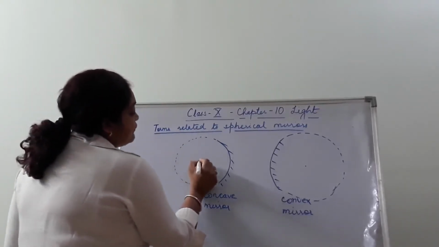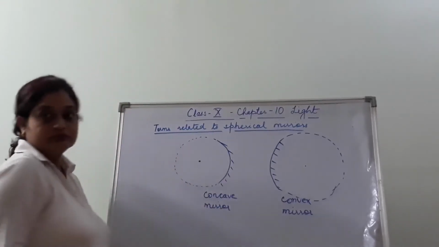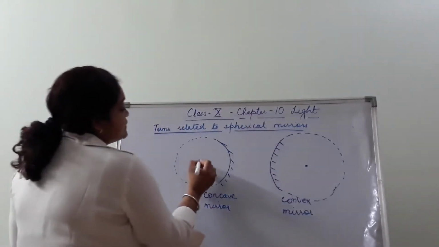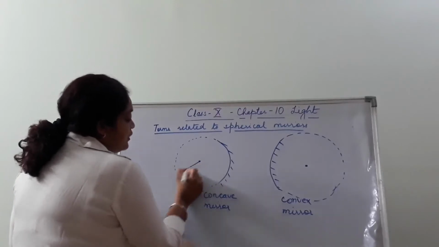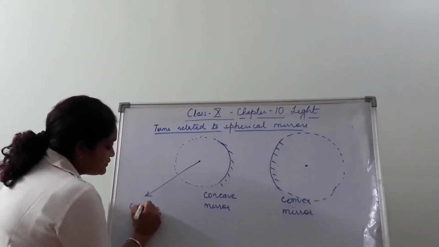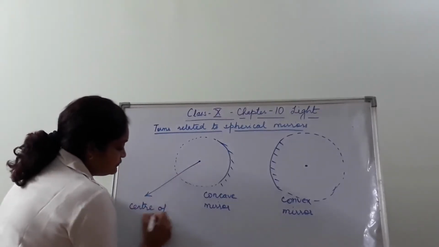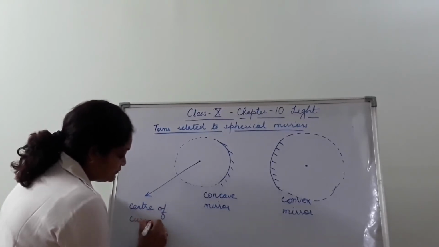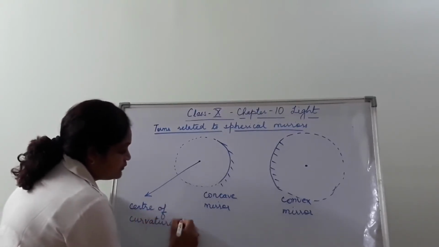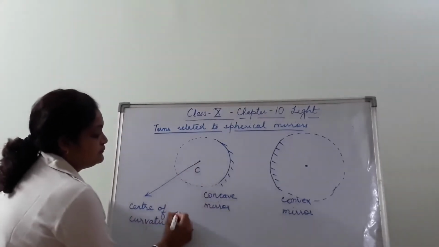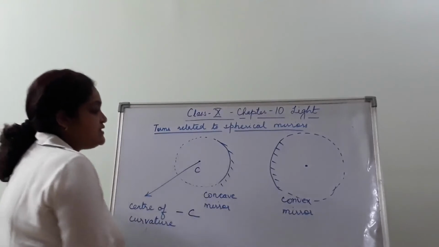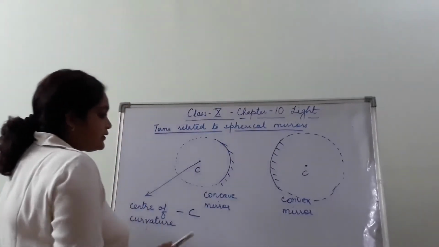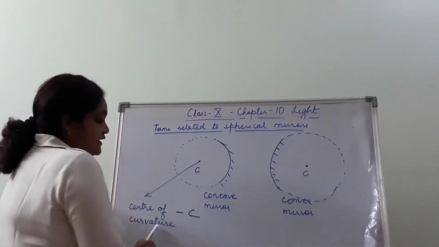So this hollow sphere would have one center. This is also the center of this hollow sphere. So this center is called the center of curvature. It is denoted by C. Similarly, here also, this is a hollow sphere and this is the center of the hollow sphere. So this is called the center of curvature.